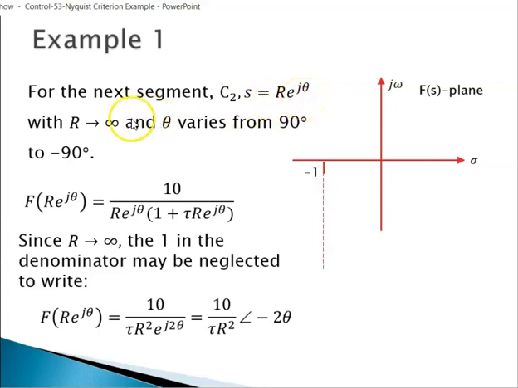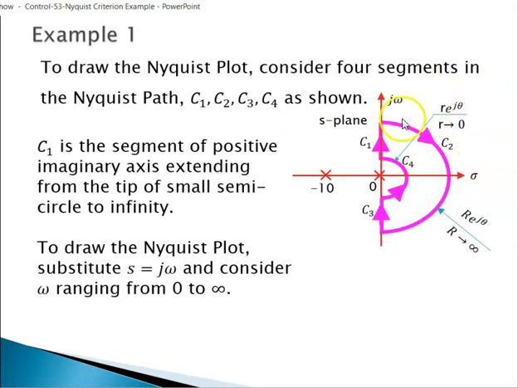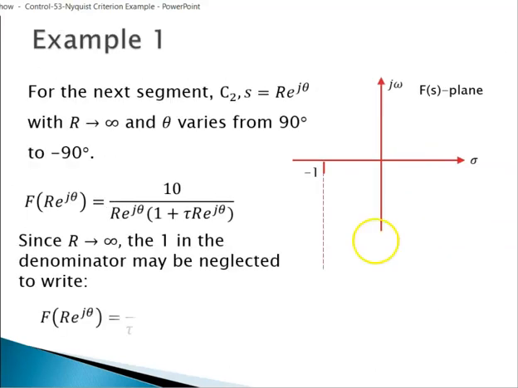Let us come to the segment C2, which is a very big semicircle of R e power j theta form. R tends to infinity and theta varies from plus 90 to minus 90. That you can see very clearly here. Theta is plus 90 here, it came all the way to minus 90 there. So this is the expression you have when you substitute s is equal to R e to the power of j theta.